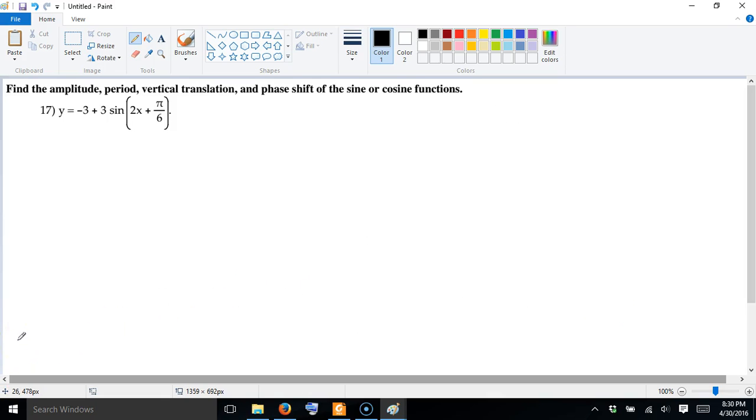Okay, on this problem, we are asked for this function here, find the amplitude, period, vertical translation, and phase shift. So let's go ahead and get started on this one.